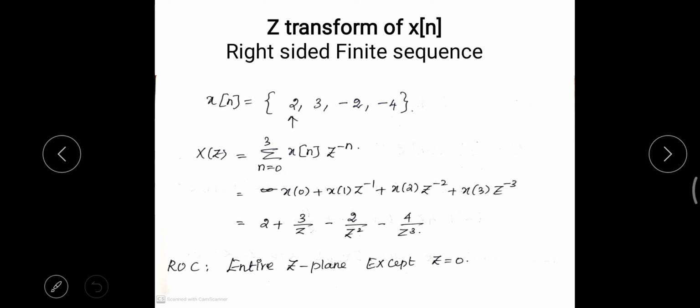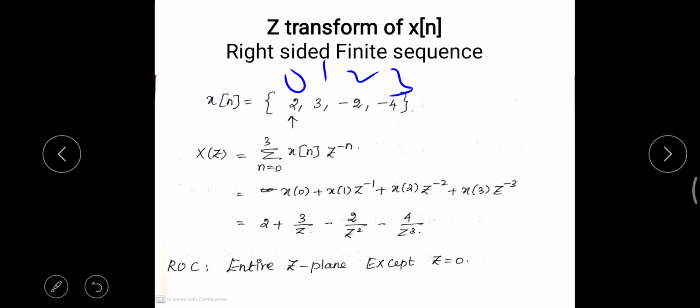Now if I calculate the values of n, that is the time instant, n is equal to 0, 1, 2, 3. Now the summation takes the value n is equal to 0 to 3 of x of n z power minus n. Now we can expand the summation so that I will get x of 0 plus x of 1 z power minus 1 plus x of 2 z power minus 2 plus x of 3 z power minus 3.